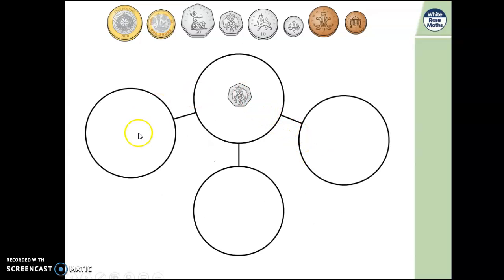Okay, so we've used 2 10p coins. Now we have 3 parts, so you need to think, right, in the last question we split it into 2. We had 2 10p coins. So we can use a 10p again. Now if we use another 10p, then we'd have nothing in here.